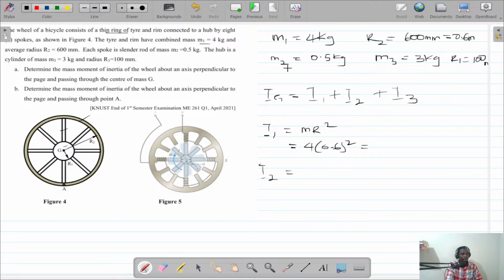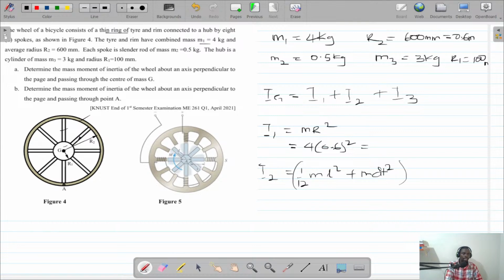And then I2 will be for the mass 2, which is the spokes. You realize that we have found the moment of inertia at this point, and the center of the spoke is somewhere here, right? So I'm going to apply the parallel axis theorem, which is 1/12 m l squared plus m d squared.